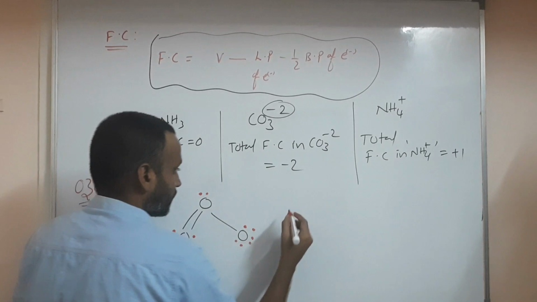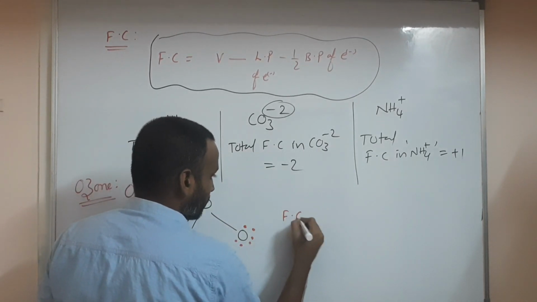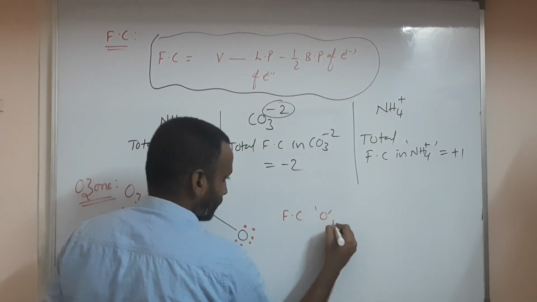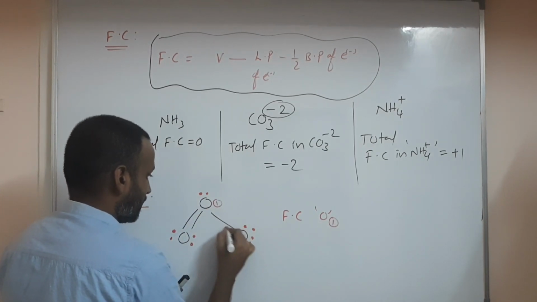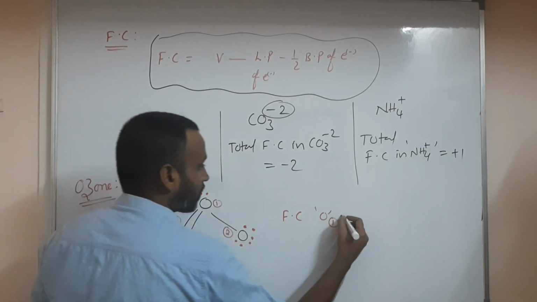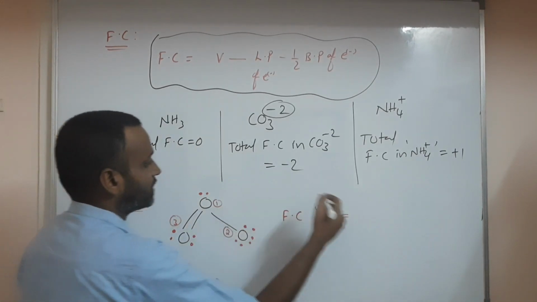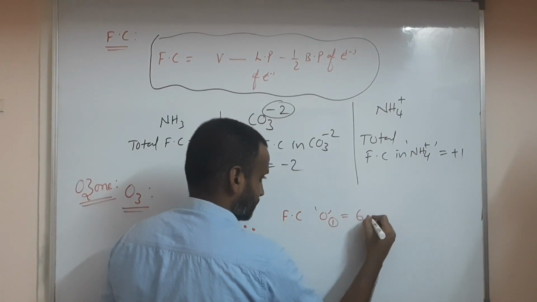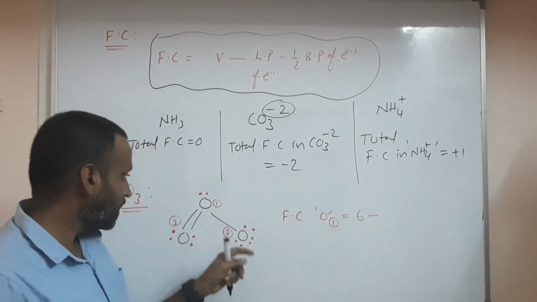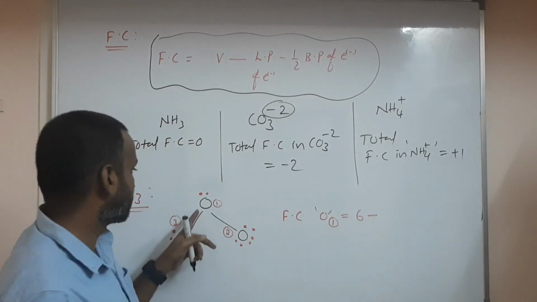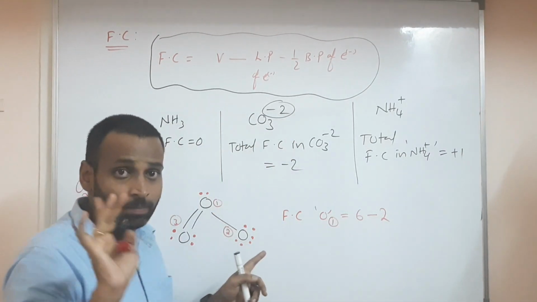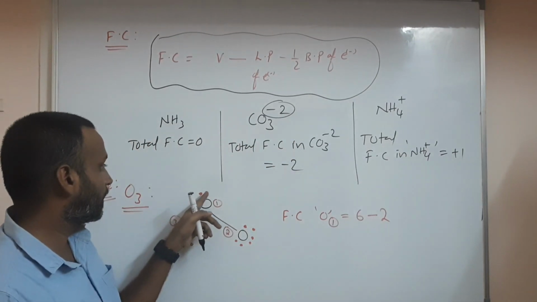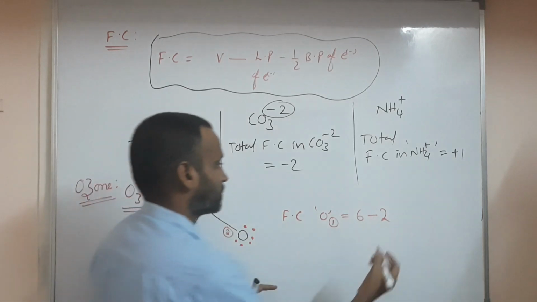Okay, very important. What is the formal charge of oxygen? This is the first oxygen, this is the second oxygen, and this is the third oxygen. What is the formal charge of the first oxygen? Valence electrons of oxygen is 6. Number of lone pair electrons is 2, pair, not pairs. 1 pair means 2 electrons.